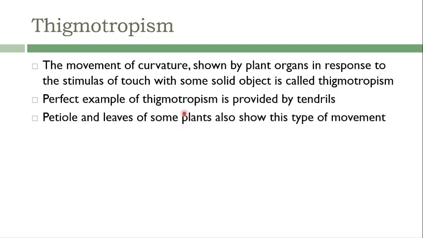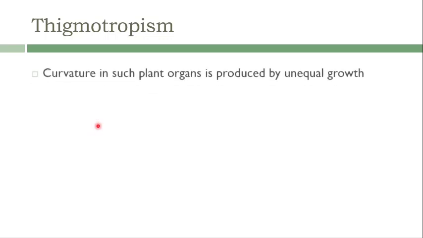So petiole and leaves of some plants also show this type of movement. For example, the petiole will move toward the solid object, toward the touch stimulus, or it will move away from the touch stimulus, and leaves are also either positively or negatively thigmotropic.